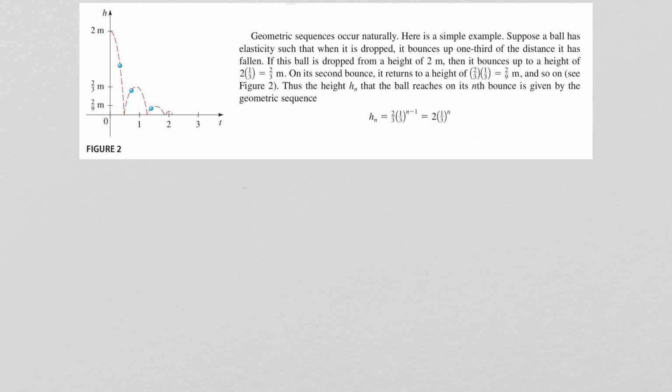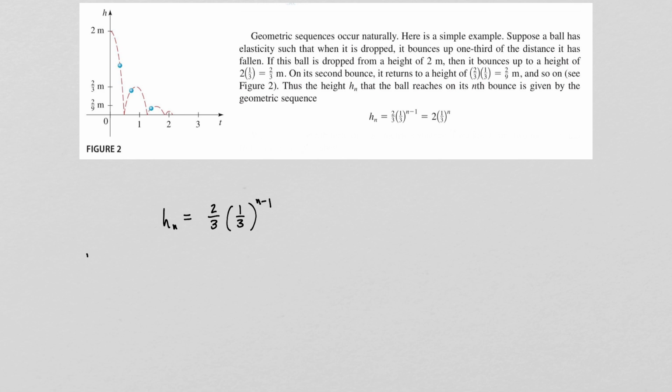So if you look at h_n as a sequence of numbers after the nth bounce, it is given by the formula that you see here. So h_n is equal to 2/3 times (1/3)^(n-1), right?